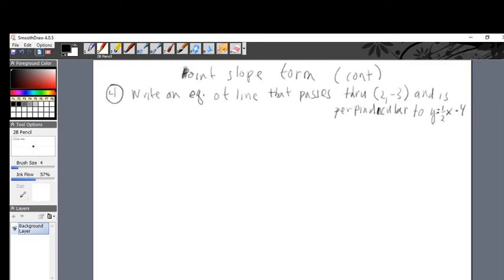Okay, now as soon as you see write an equation of a line, you know that we're going to have to use y minus y1 equals m times x minus x1. All right, but we need an explanation of perpendicular lines.